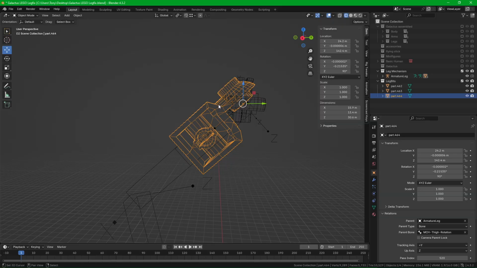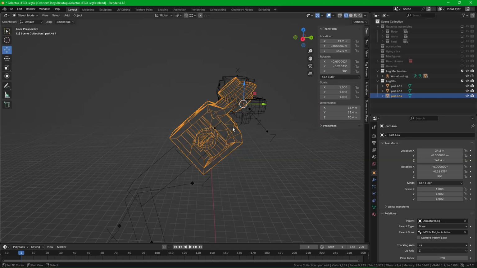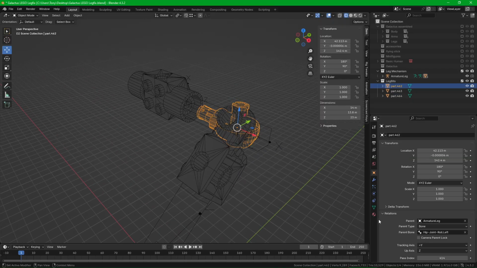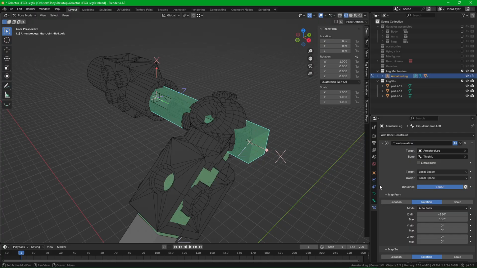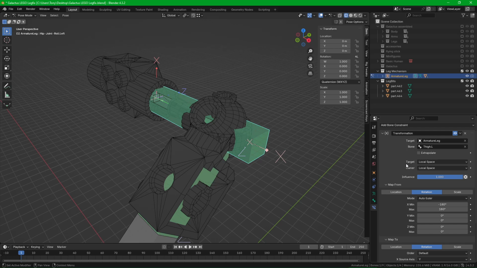So this has moved. This is parented to the thigh bone, and it has rotated around the x-axis around 45 degrees. And this, using the transformation, and this is parented, sorry, I should have said this, to the hip joint roll mechanism bone that I'm talking about now. This bone, hip joint roll left, has the transformation on it.